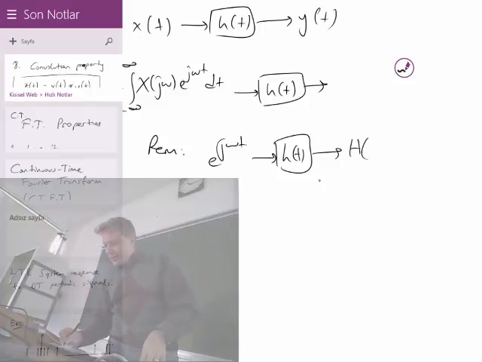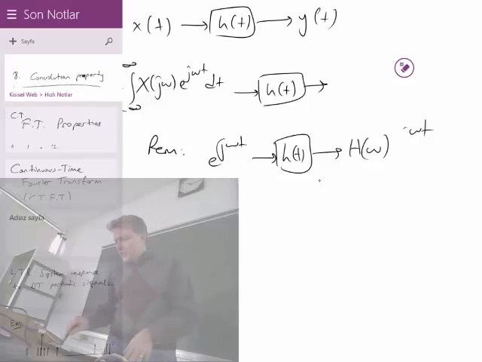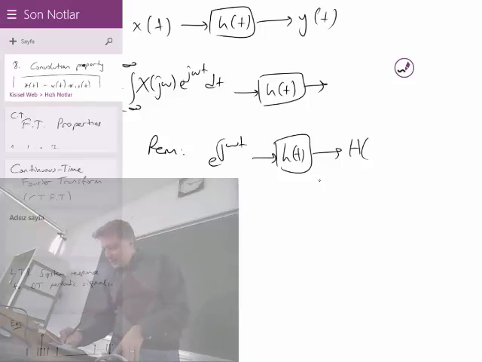Okay, so here we have H of omega e to the j omega t. I didn't say that this H of omega is the Fourier transform of h of t. I didn't say it, but it's like the frequency way of representing things. But now we know it already. This is not H of omega, but it's H of j omega e to the j omega t.